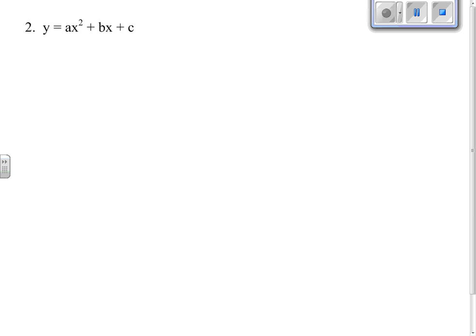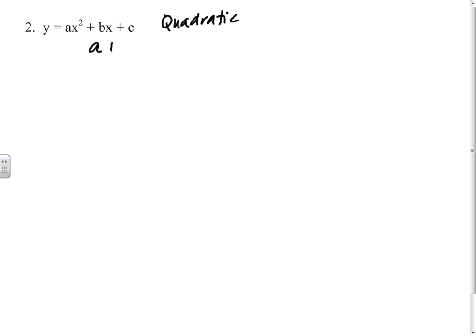Similarly, for a quadratic function, let's talk about it with our new polynomial function language. A is the leading coefficient. And that's the one we use to check end behavior.